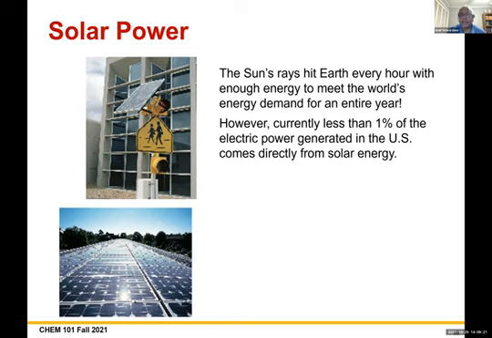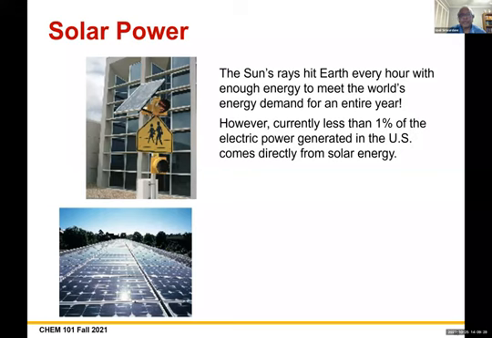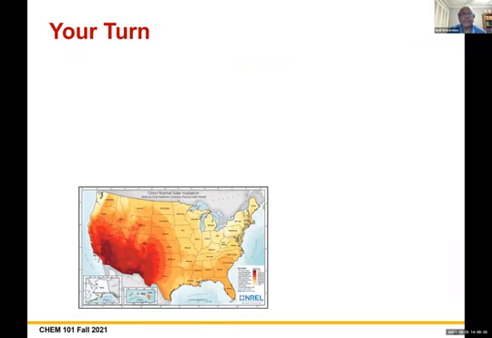So we can cut down a lot of carbon emissions. So we're going to look into some of the issues associated with solar energy.